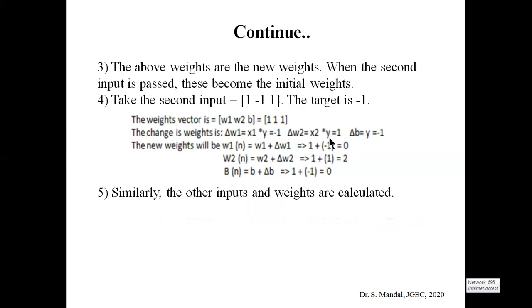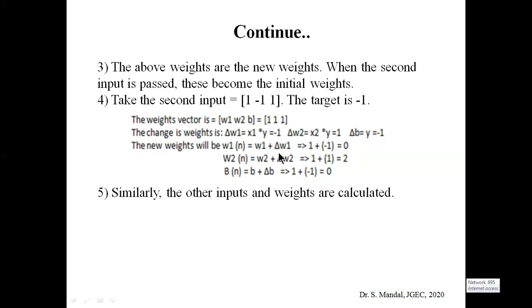So the second input combination is 1 minus 1 1, and the target is minus 1. My mistake, I should coordinate with the slide.